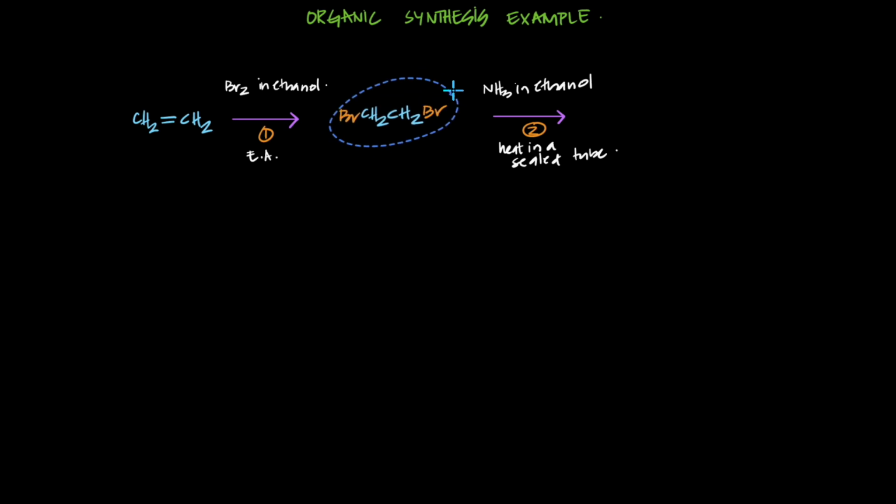Now you've got to replace both Brs with what? With NH2 on the left side and the right side. Reaction number 1 we saw in alkenes. Reaction number 2 we just saw in halogenoalkanes.